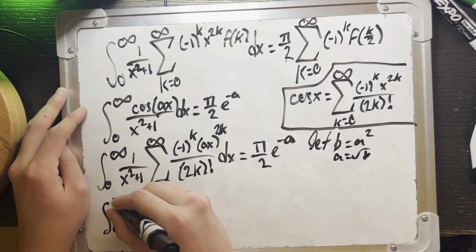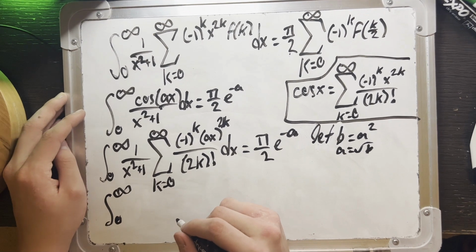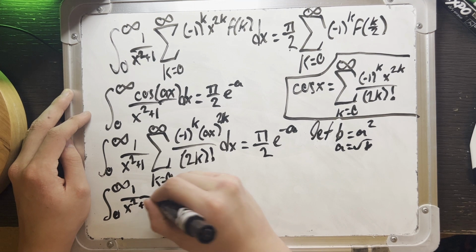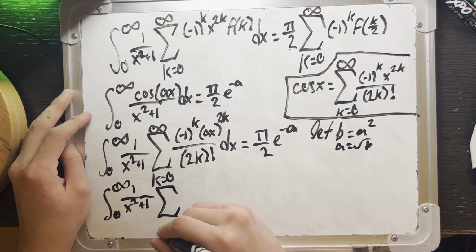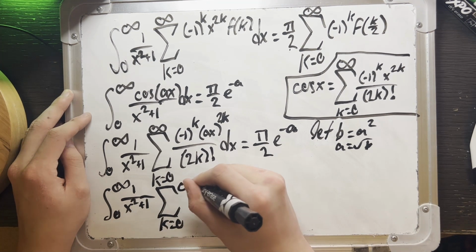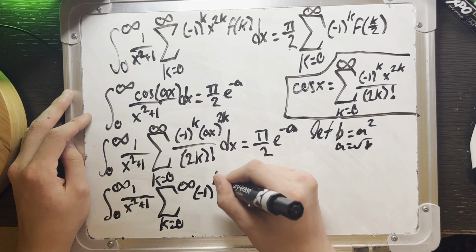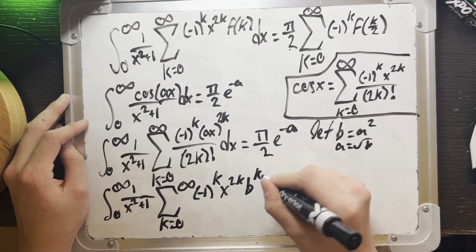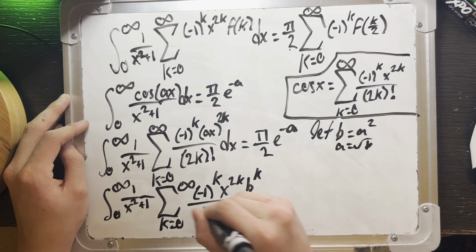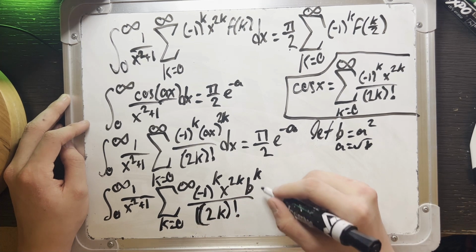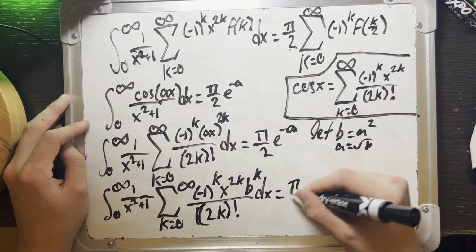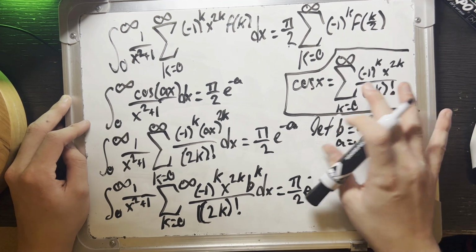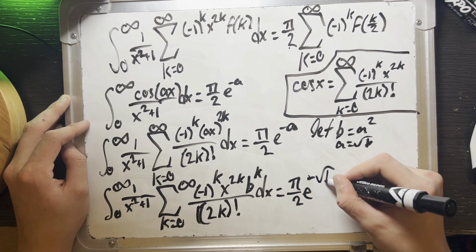The integral from 0 to infinity, you can see this, 1 over x squared plus 1 times the same series, k equals 0 to infinity, minus 1 to the k times x to the 2k, but now it's b to the k over 2k factorial, dx, equals pi over 2 times e to the minus root b.